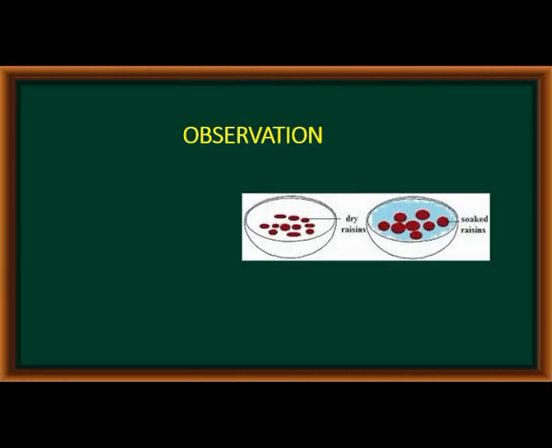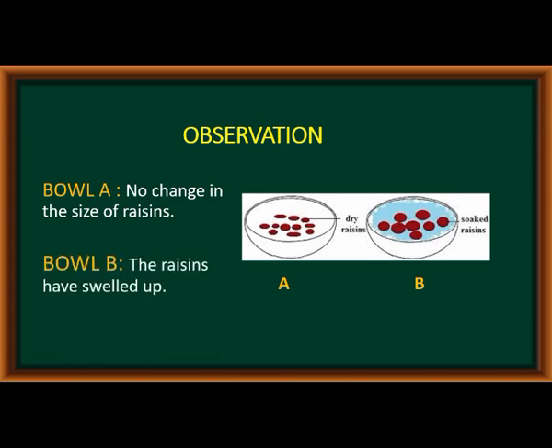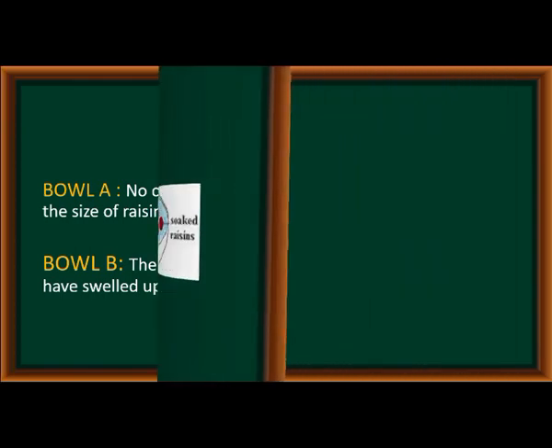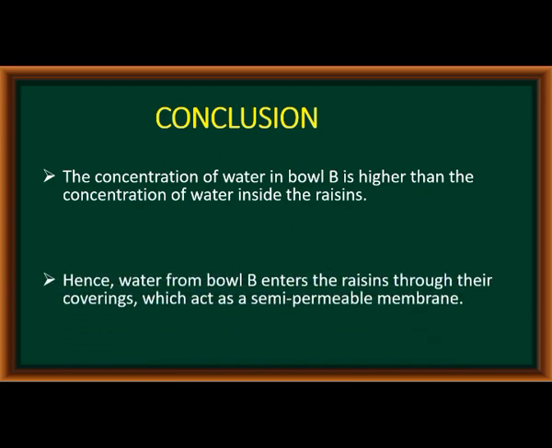Observation. After 2 to 3 hours, you can observe that in bowl A, there is no change in the size of raisins, but in bowl B, the raisins have swelled up. Conclusion. So we can conclude that the concentration of water in bowl B is higher than the concentration of water inside the raisins.